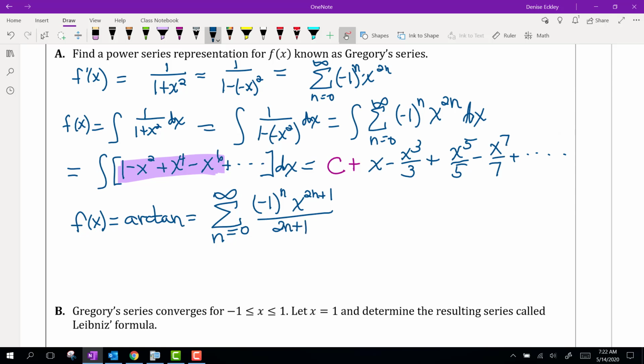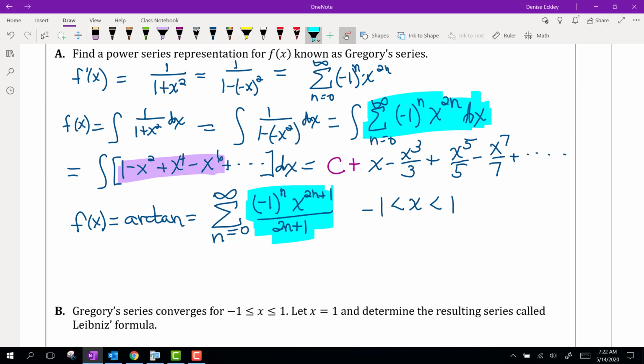And now we don't have to worry about the c because it's incorporated with our sum. And we want to remember that this is valid between negative 1 and 1. Now, had we just directly integrated this summation, which we could have, we would have gotten this answer here, which was just using the power rule. So I just wanted to show you both ways.